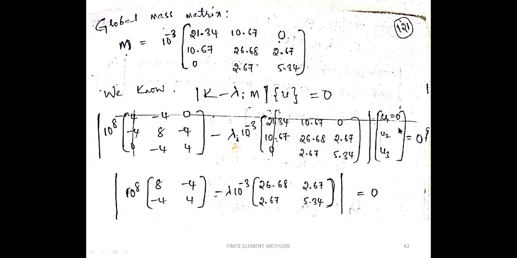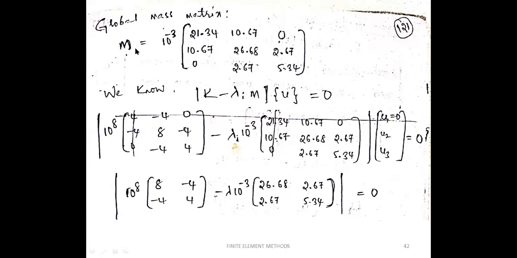Here you should apply the boundary conditions before solving this equation. At nodal point 1, it is given in the problem, and by seeing it we can say that it is fixed at nodal point 1. If it is fixed, then nodal point 1 is arrested, so there is no displacement at nodal point 1.